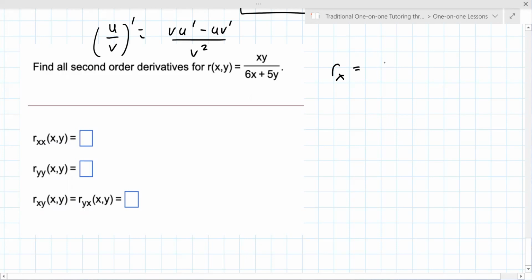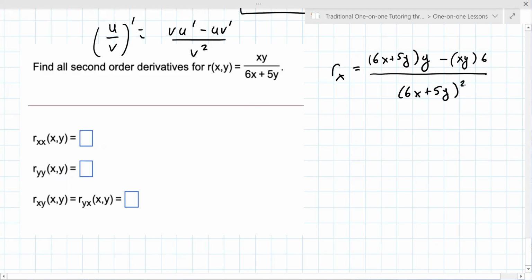So the top is 6x plus 5y times the derivative of this with respect to x. So it's just y minus xy, because that's the top, times derivative of the bottom with respect to x, which is 6, all over the bottom squared, 6x plus 5y squared.